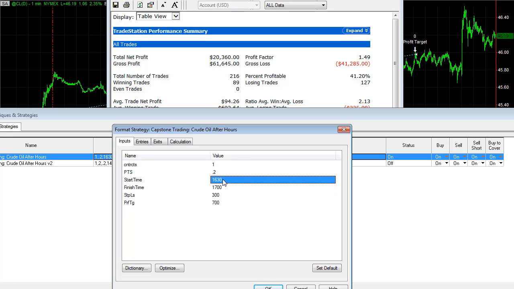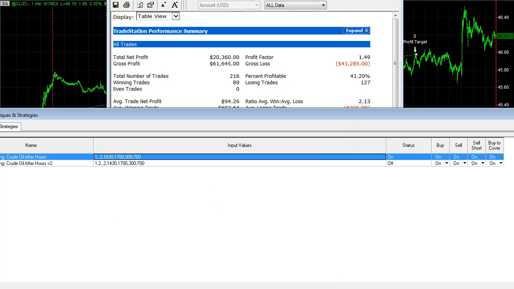But in order to catch this report that is released at 14:30, we change this small window from 1630 to 1700. We use all the same input parameters that we did before, and we take a look at the result.